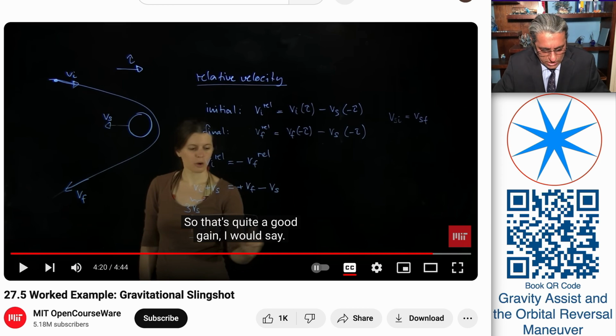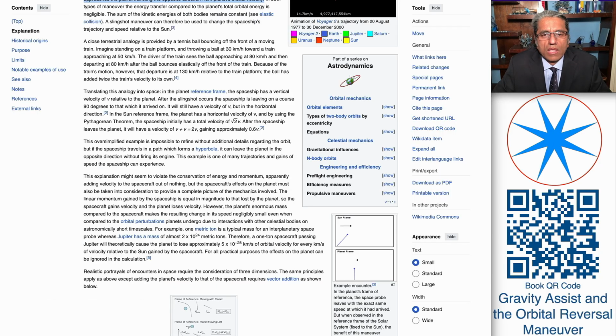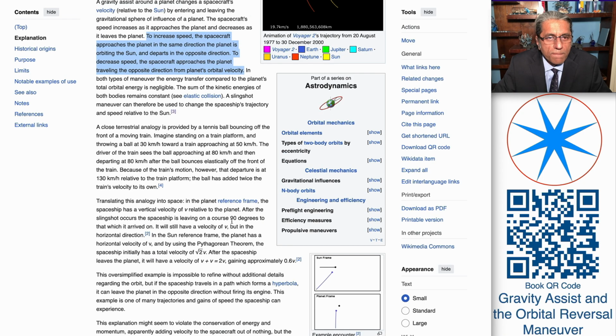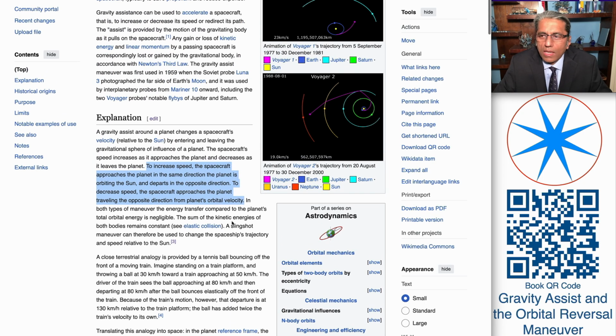Okay, let's look at another reasonably good source of science articles, and that's Wikipedia. What does it have to say? Well, again, here it says to increase speed, the spacecraft approaches the planet in the same direction the planet is orbiting the sun.